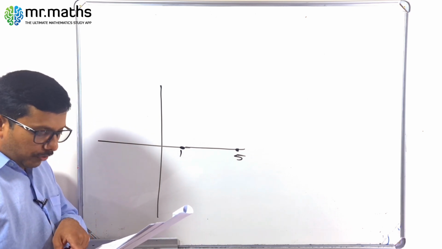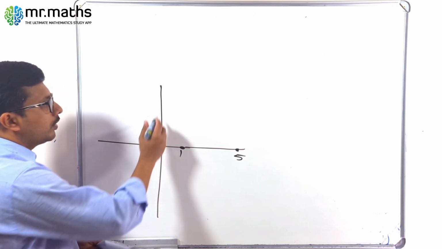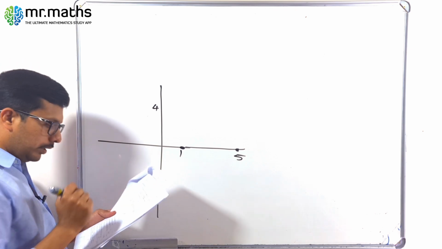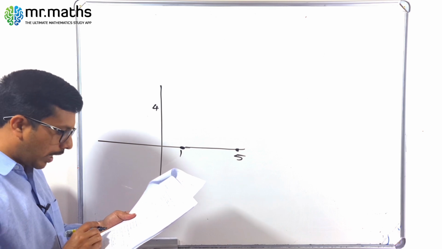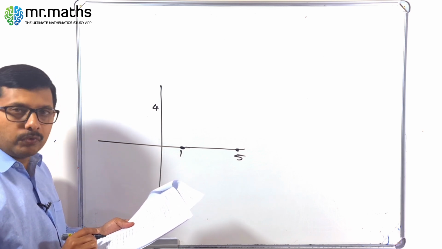Now g of x is equal to 4. g of x is y. y is equal to, there is another 4. So g of x is equal to 4 is a tangent to f at P, the turning point of f. Wow.